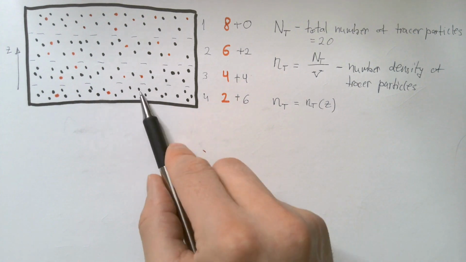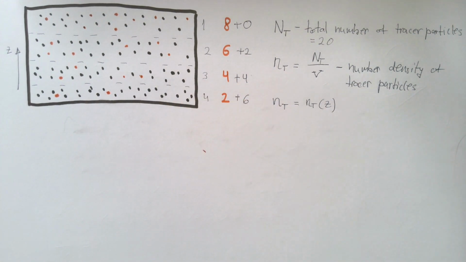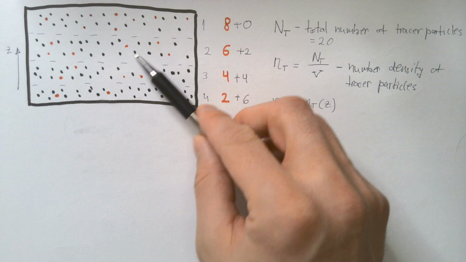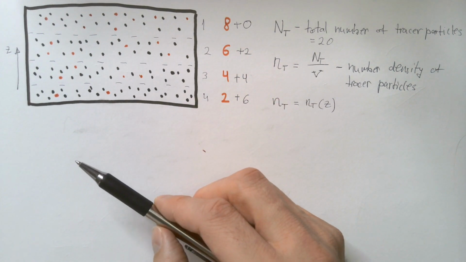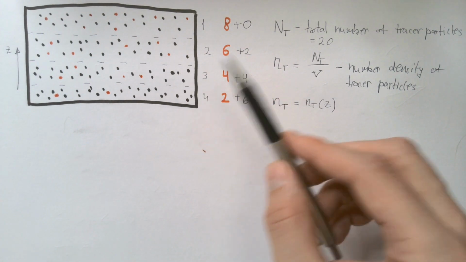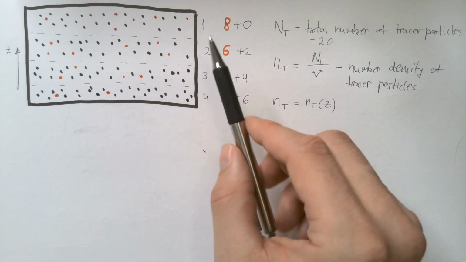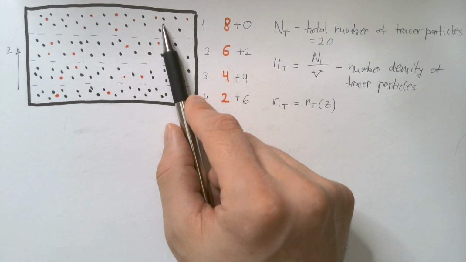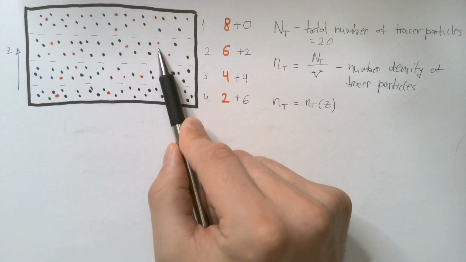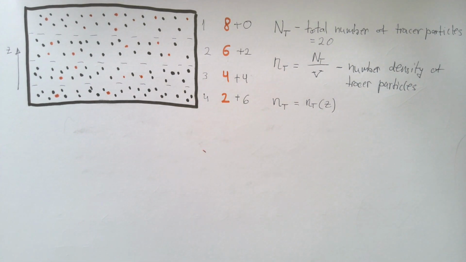Now imagine we set up this situation and we let time run. What will happen is that over time, these red tracer particles will mix. And after a certain period of time, there will be equilibrium, which means on average, there will be 5 red particles in each of these layers.